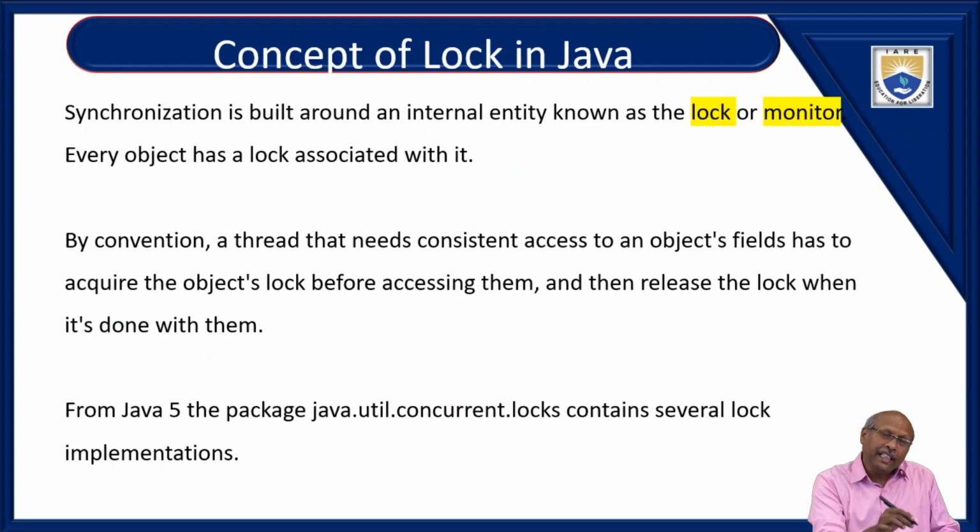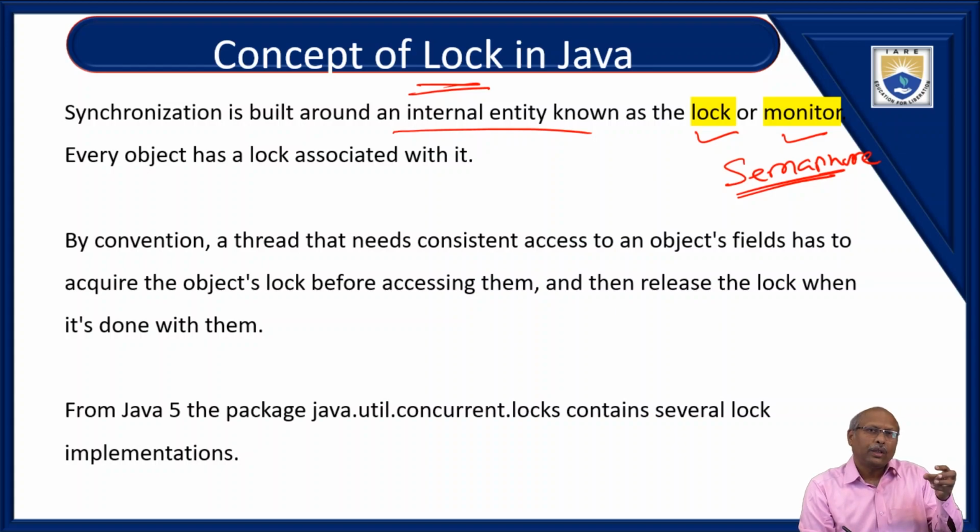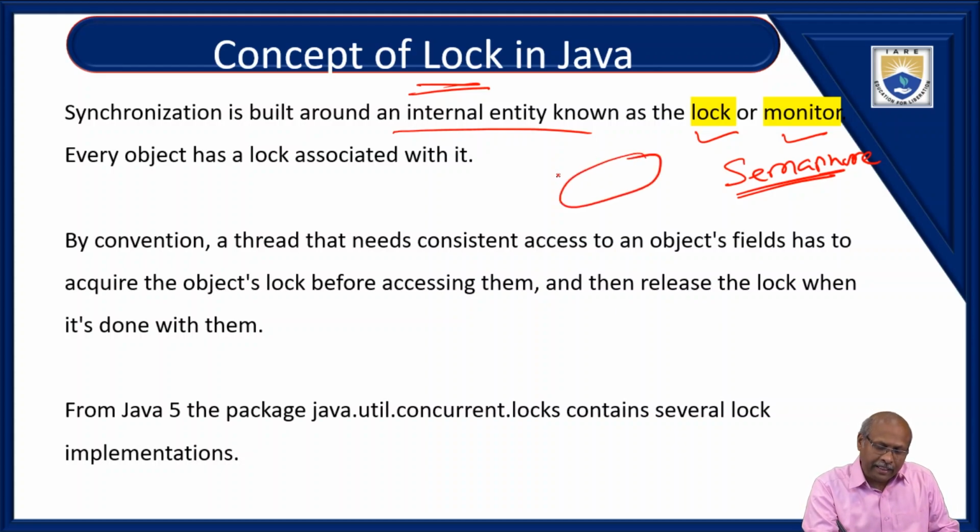In thread synchronization, internally there is a concept called locking. Synchronization is built around an internal security mechanism known as a lock, also called a monitor, or also known as a semaphore. Once one thread goes into the resource area, that area is the critical region.